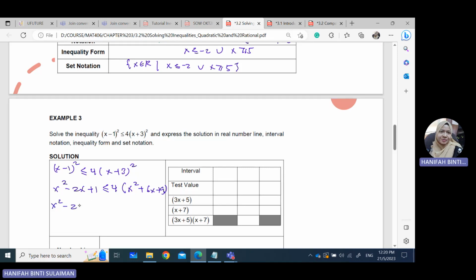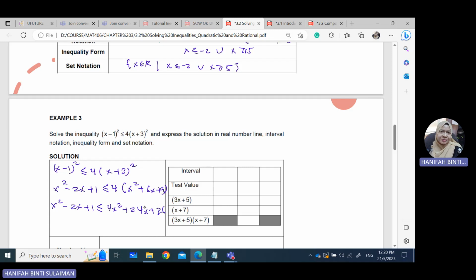X squared minus 2x plus 1 is less than or equal to, darabkan dengan 4. So we have 4x squared, 4 times 6x, we have plus 24x. 4 times 9, we have 36.